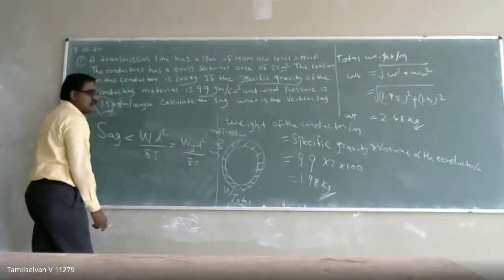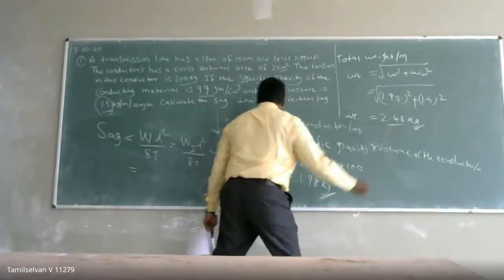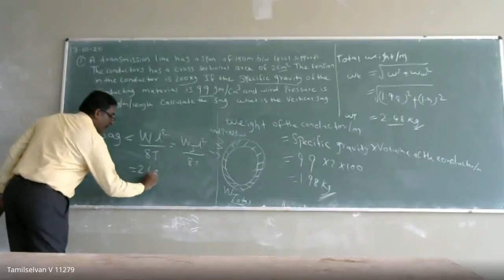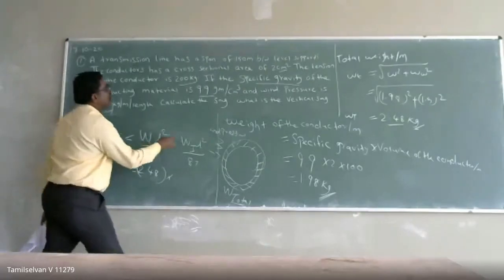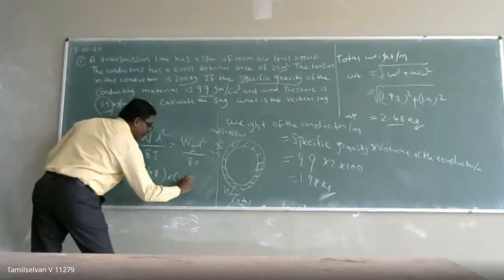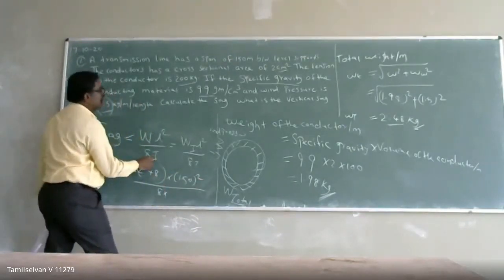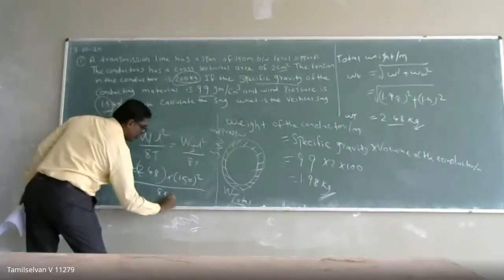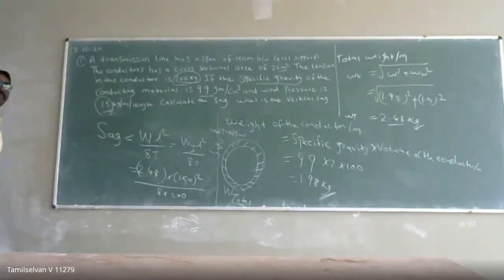The total weight is 2.48. So W_T is 2.48, span 150 meters squared, divided by 8 into T. Given the tension of the conductor is 200, so into 200, you will get the value. What is the value of your sag?